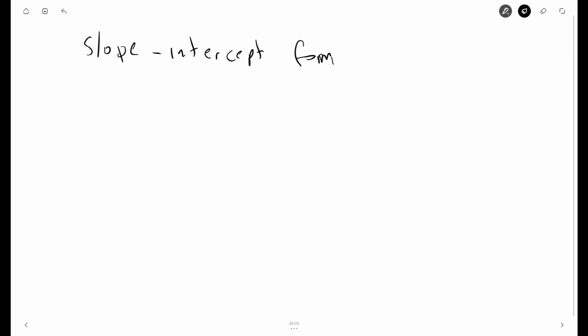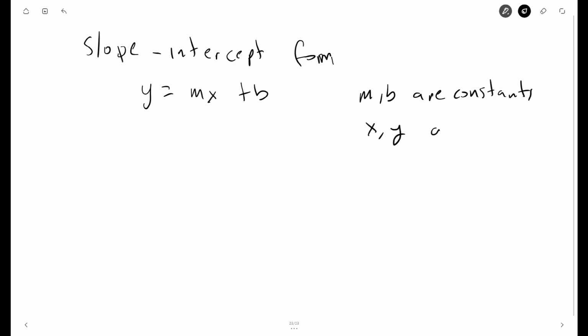And this type of form is represented as y equals mx plus b, where m and b are constants and x and y are variables. And sometimes m is called the slope of the line, and we'll be talking about what slope is.